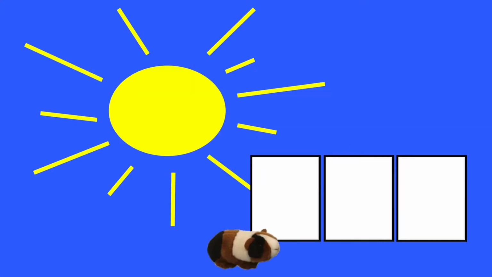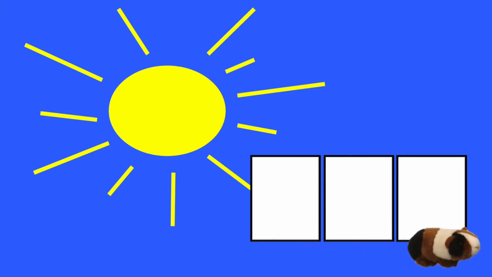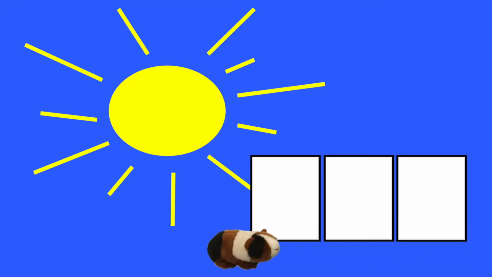Let's have a go. Here's the word sun. Is the S sound at the beginning, middle or end in the word sun? Let's break it down and listen. S-un. Can you hear the 3 different sounds that make the word sun?